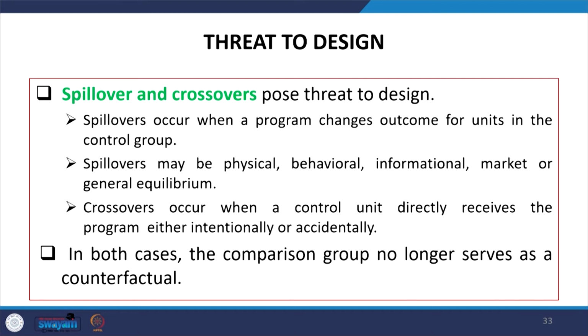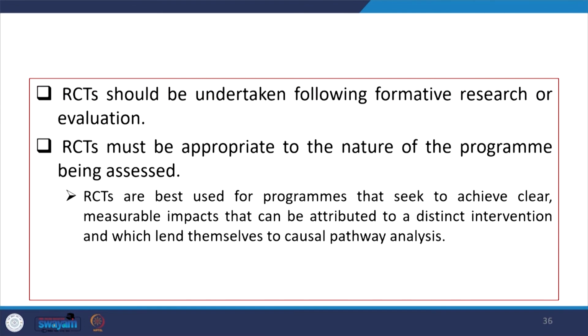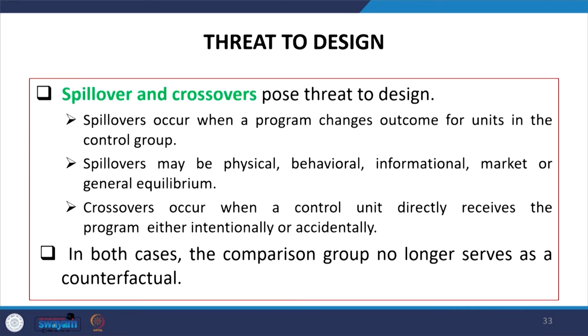So, a couple of things need to be explained to help you understand this correctly. We are coming to the explanation of how to read the RCT design correctly. The first is spillover and crossover post RCT design. There are some spillover and crossover issues. Spillover occurs when a program changes outcomes for units in the control group.